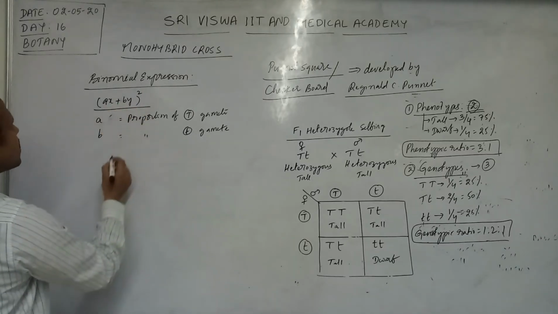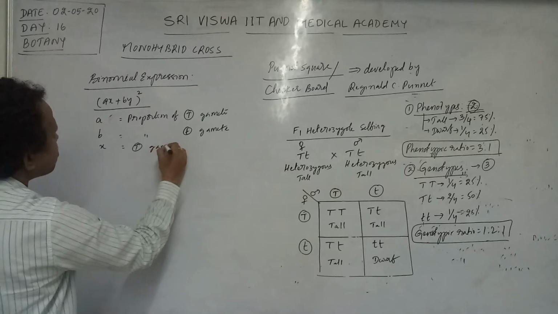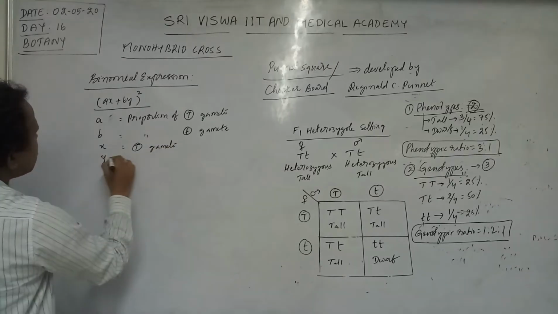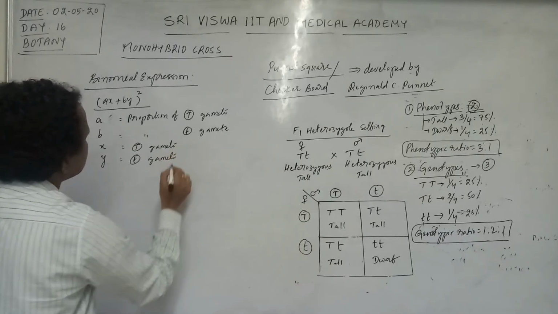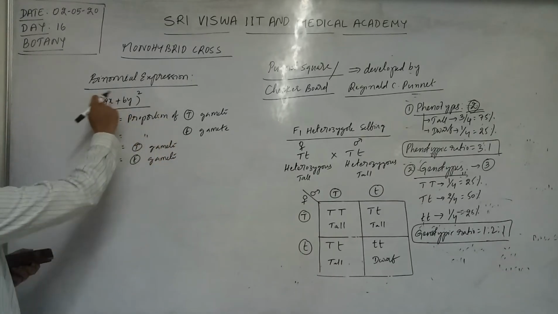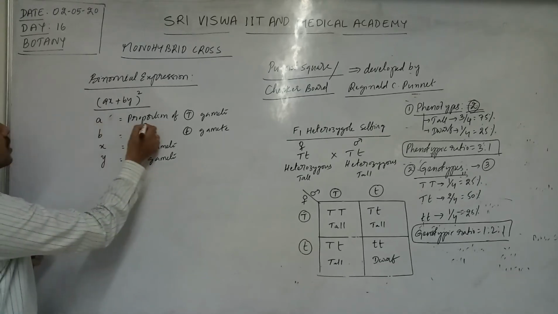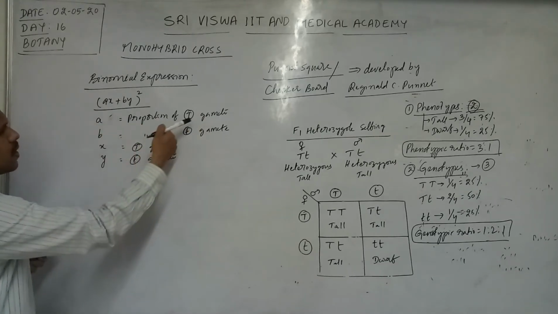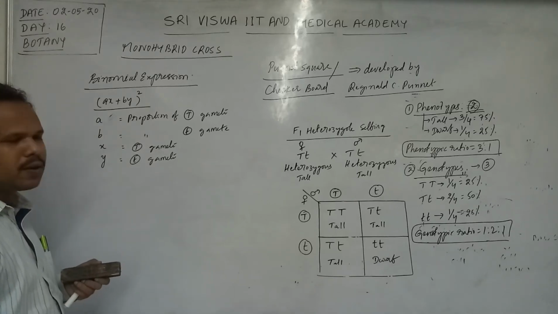Then consider x and y. x is capital T gamete, y is small t gamete. Substitute this in the binomial expression. Consider a is the proportion of capital T gamete. What is the proportion of capital T gamete?